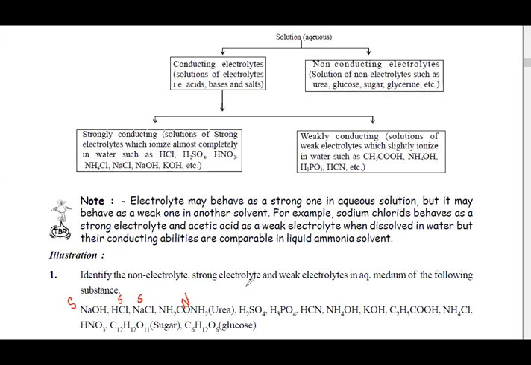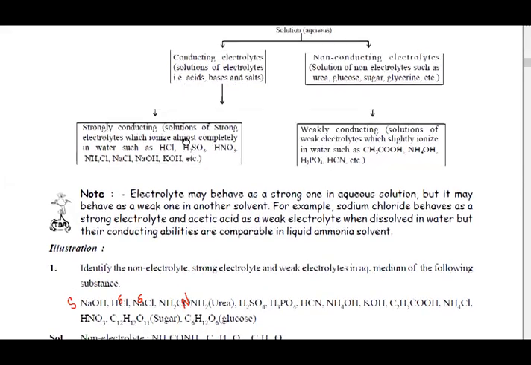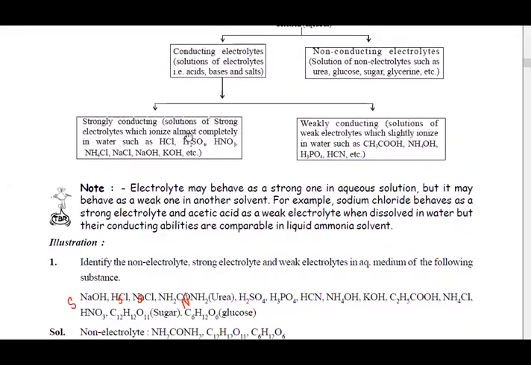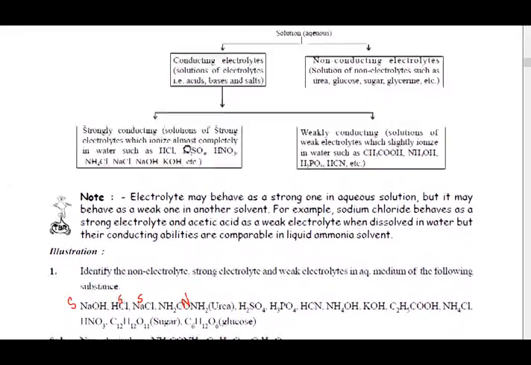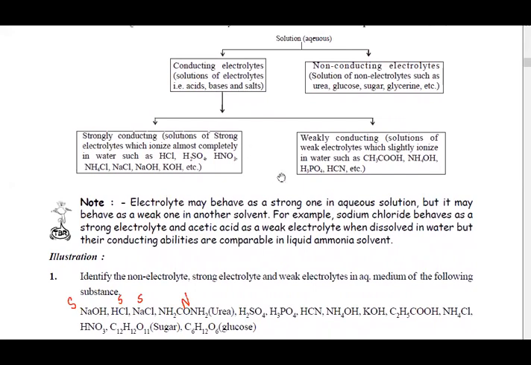Again, when you talk about chemistry, I'll give you one heads up. H2SO4 is a very controversial acid. It is usually a strong acid, but in some cases it will be treated as a weak acid.